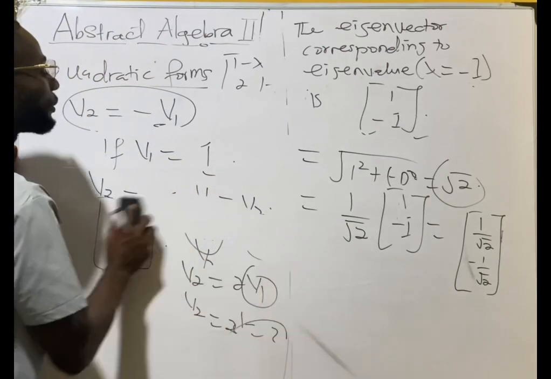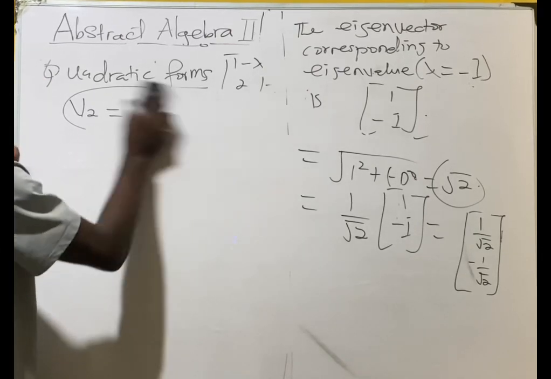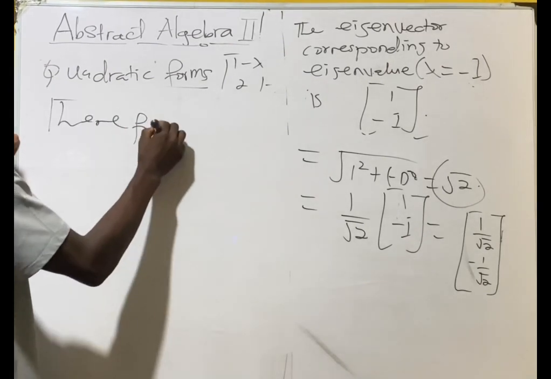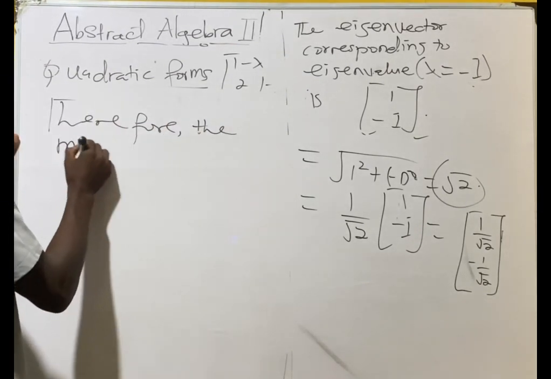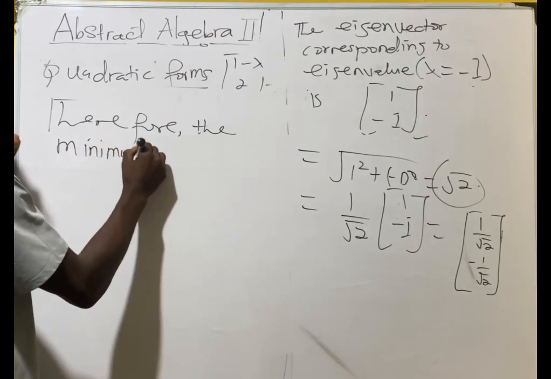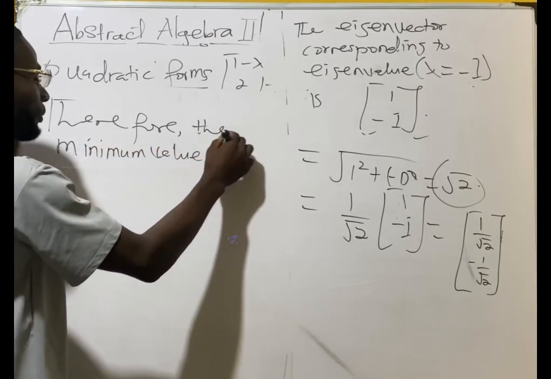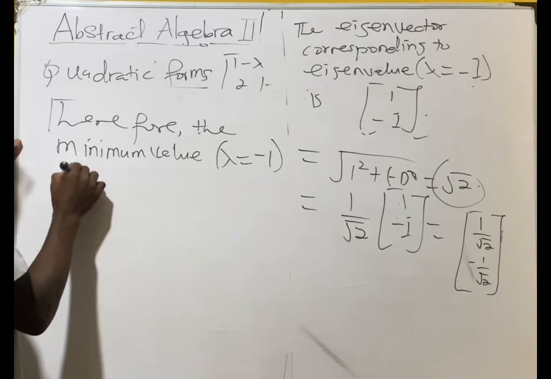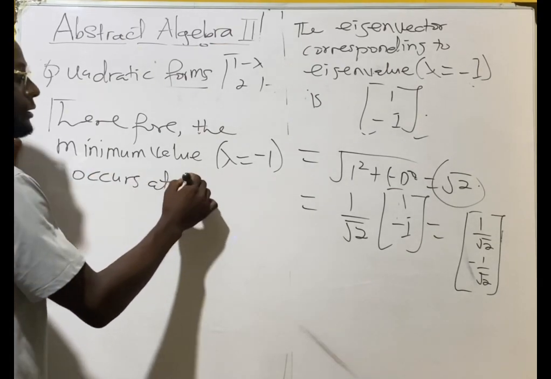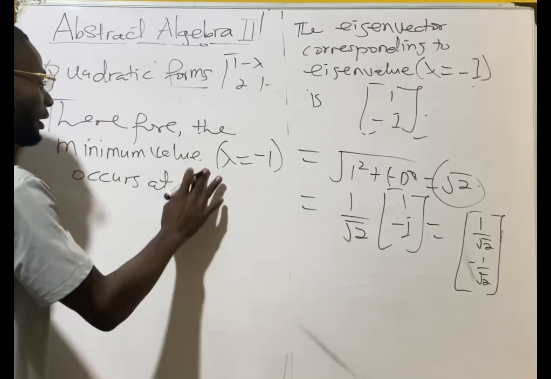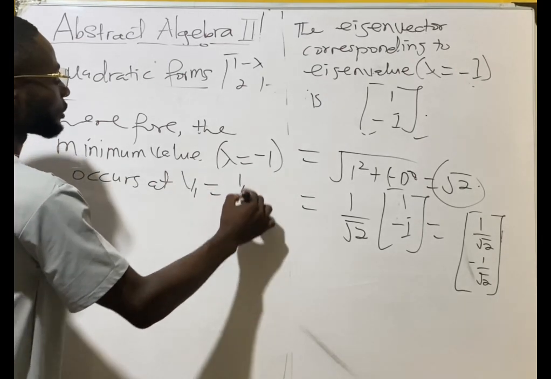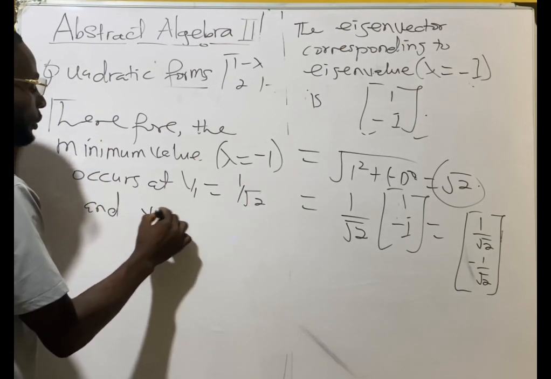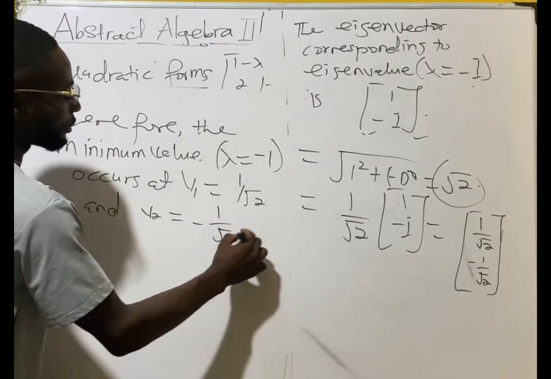So we're going to conclude that therefore the minimum value, which is lambda equals -1, occurs at v1 equals 1 over square root of 2, and v2 equals -1 over square root of 2.